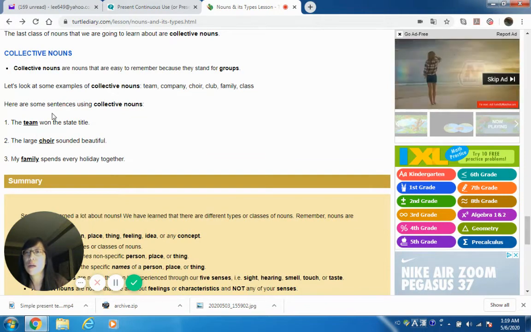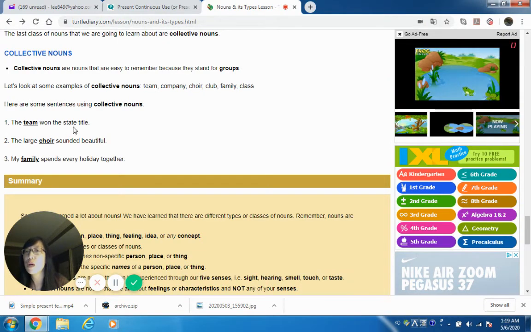So here are some example sentences using collective nouns. The team won the state title. Okay, this is past tense. Large choirs sounded beautiful. Okay, also past. And my family spends every holiday together.